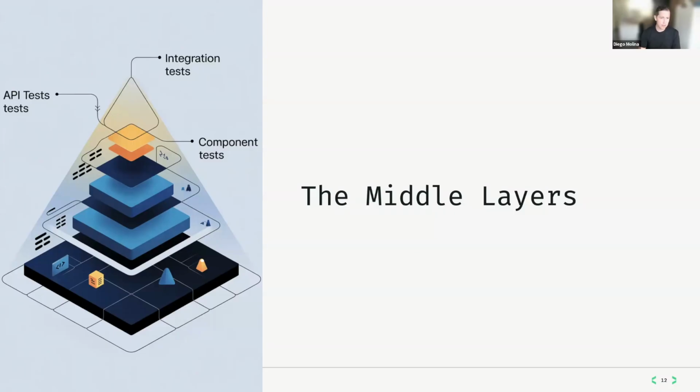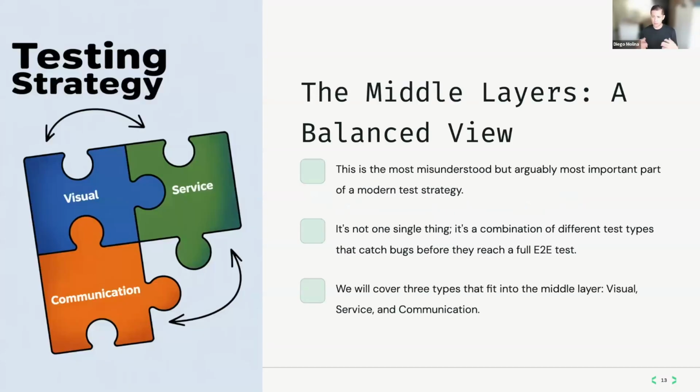While I advance with the slides, we're going to talk about the middle layers. Back then, when the test pyramid started, we were thinking about the middle layer as the integration tests or the API tests that were done for backend services. But today, with all these new web frameworks, you can actually have component and other types of testing as middle layers in a web application.